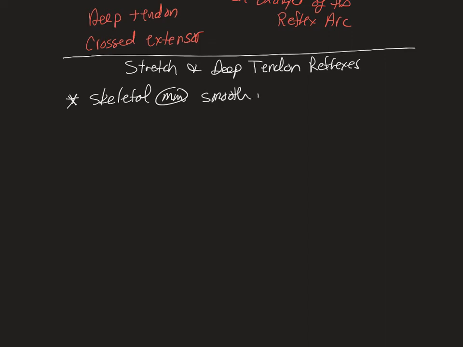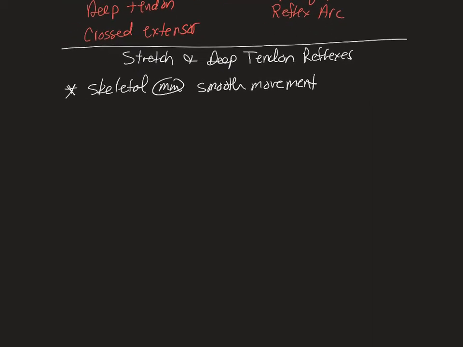So smooth movements of that skeletal muscle, okay? The brain needs to be aware of where your body is at all times, what amount of contraction or stretch any muscle or joint is experiencing.